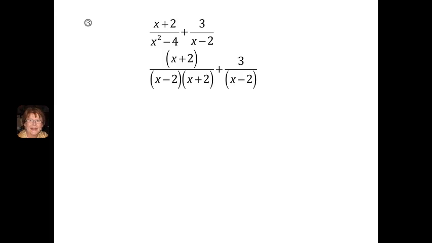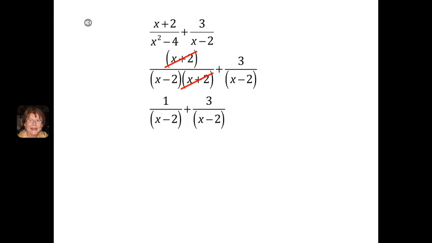If within one fraction you can eliminate identical factors, you go ahead and do that. And that's the case. We can eliminate x plus 2. What are we left with? In reality, we're left with 1 over x minus 2 plus 3 over x minus 2.